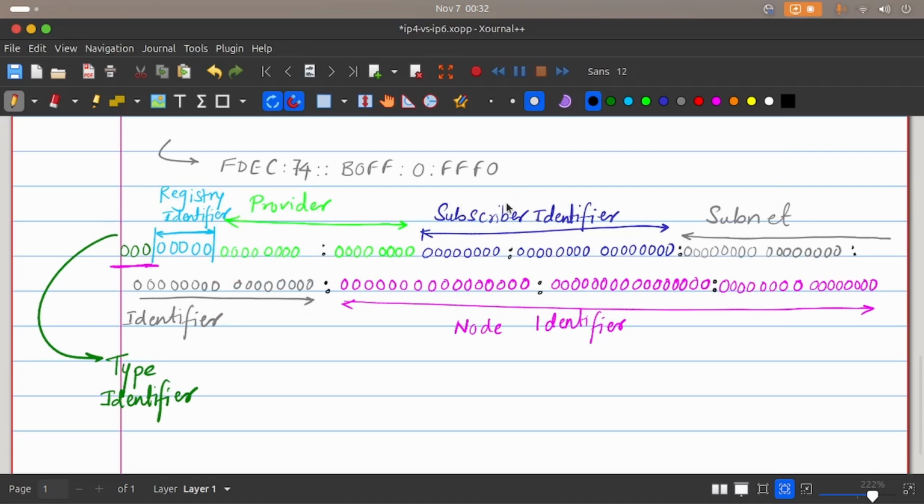The subscriber gets an identifier when they connect to the internet, and it is written here. Subnet too, if you're using an ISP, you will probably be given the IP address by the ISP, so where your IP falls within their subnet is what the subnet identifier makes sure of. Then the node identifier defines the identity of the node connected to the subnet, like your PC. Its length is 48 bits so that it is compatible with Ethernet.